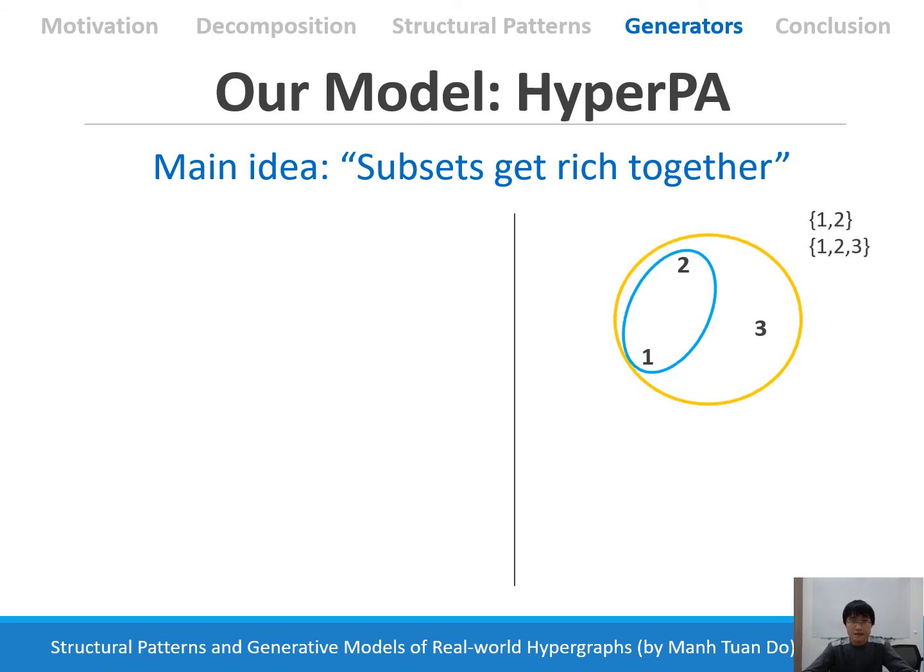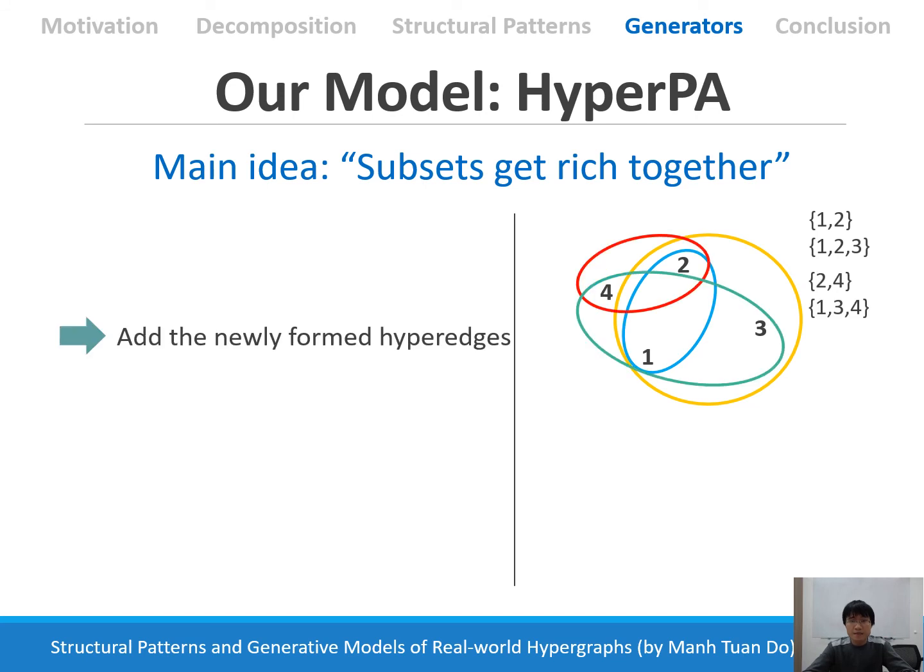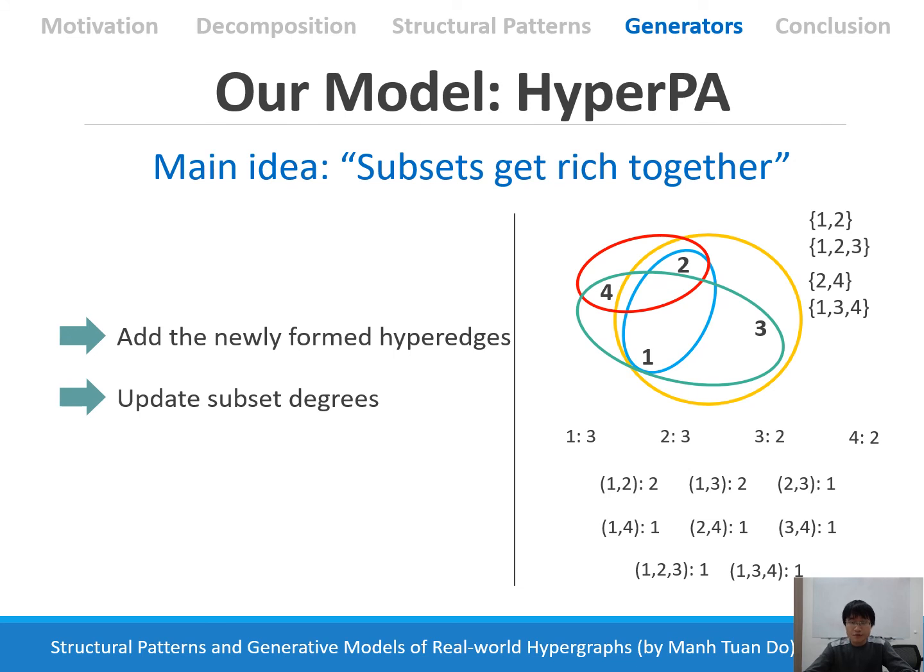Once that is done, HyperPA adds the newly formed hyperedges to the hypergraph. So we have 2 more hyperedges, {2, 4} and {1, 3, 4}. Then it updates the degrees of all subsets of nodes. Now we have 3 more subsets of 2 nodes, {1, 4}, {2, 4}, and {3, 4}.